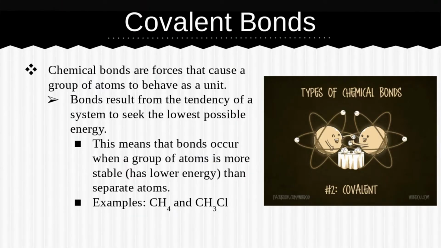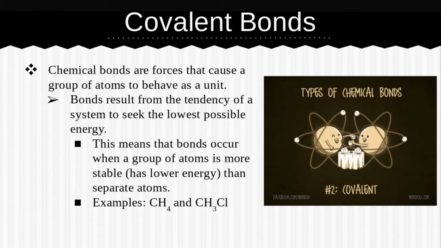So like we said, bonds are just forces that hold those atoms together and cause them to behave in a particular way. They have their own unique set of properties now that they're bonded together. And the reason that bonds happen is due to the octet rule, so that the atoms can get a full octet of 8 valence electrons.